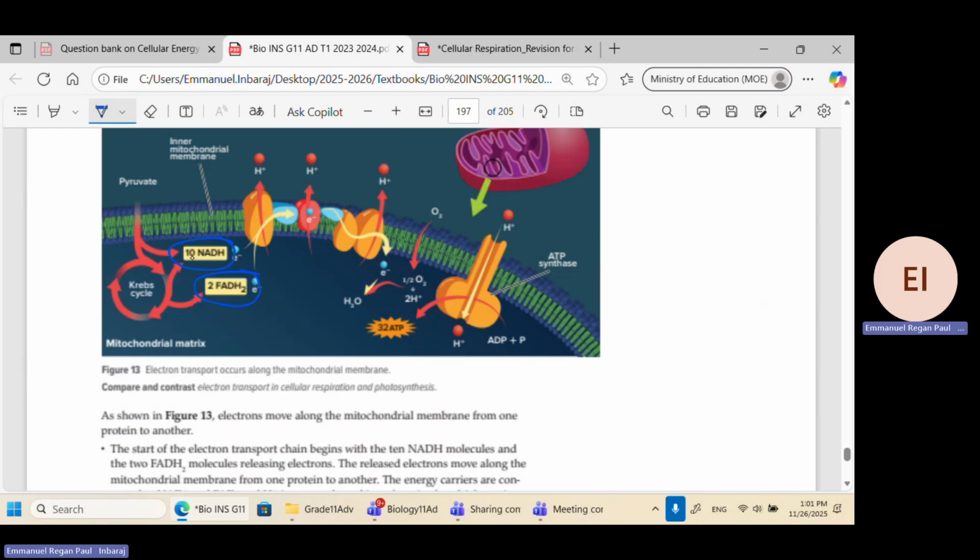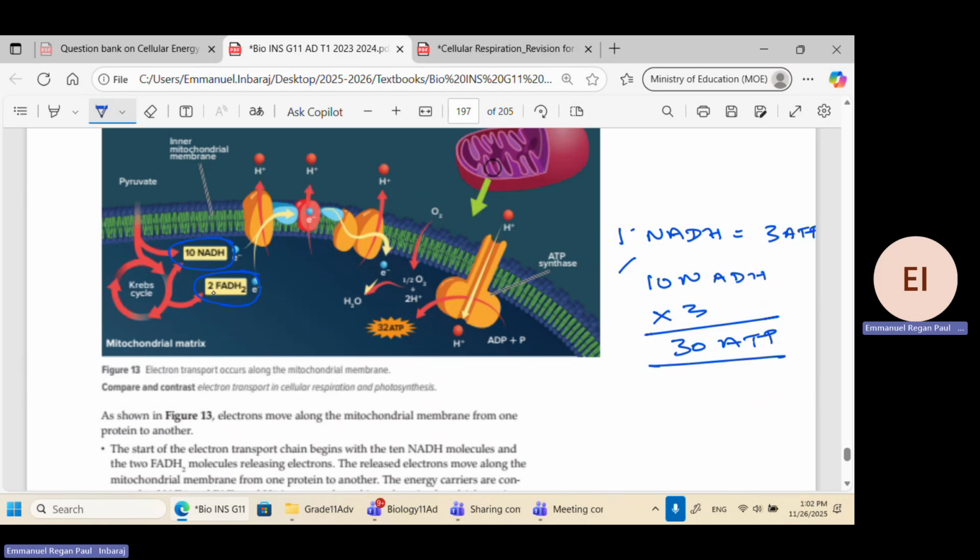You know that one NADH gives 3 ATP. 10 NADH times 3 will give you 30 ATP.